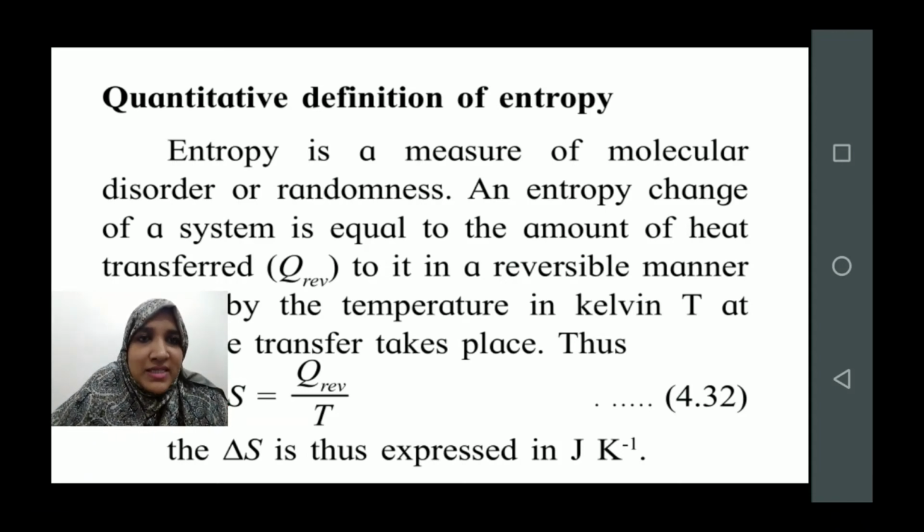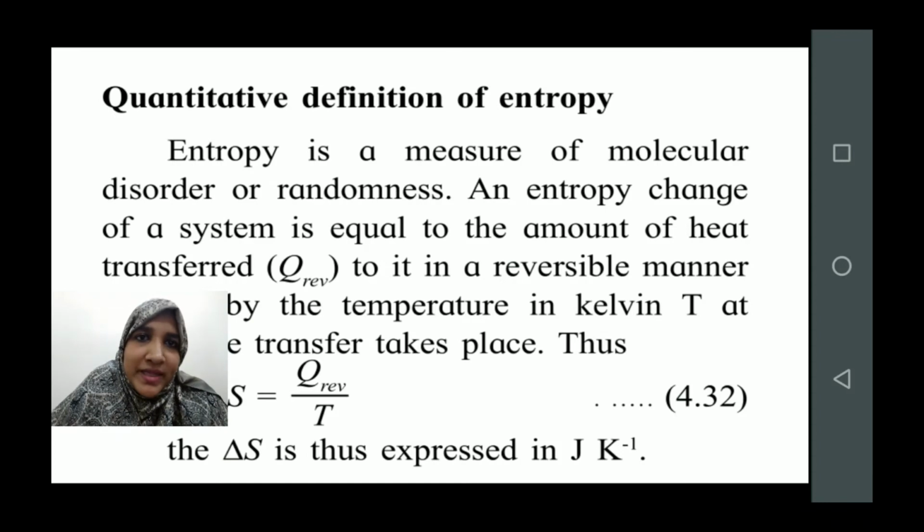Let's take the first case: if we add heat to the system, the particles present in the system will get some extra energy. Because of that extra energy, their kinetic energy will increase and their movement will also increase. When there is more movement, there will be more disorder.